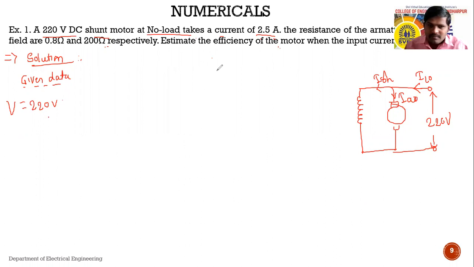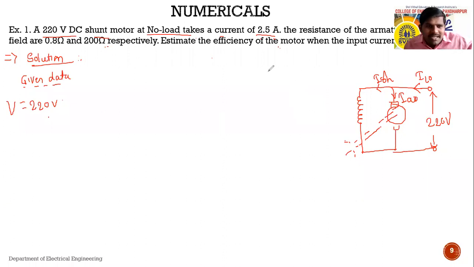Armature current. The motor is at no load condition. That means the motor just takes current from the supply, which is the minimum current.